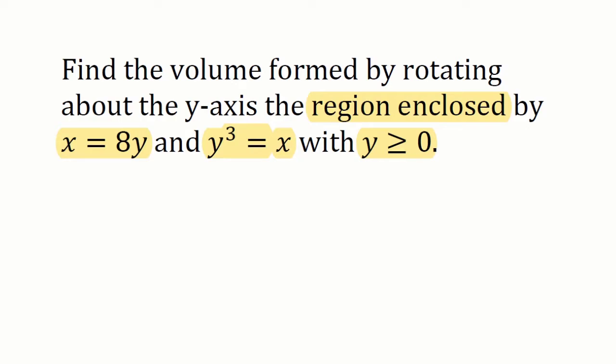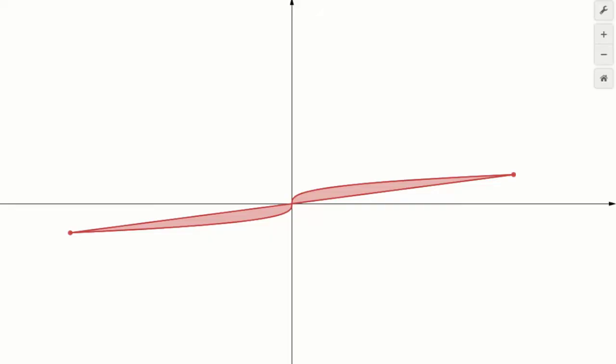So of the two regions we're looking at, this region here to my right is the one that satisfies the requirement that all the y values are positive, because it's in the first quadrant. And so this region is the region that's going to be rotated around the y-axis according to the description of the problem.